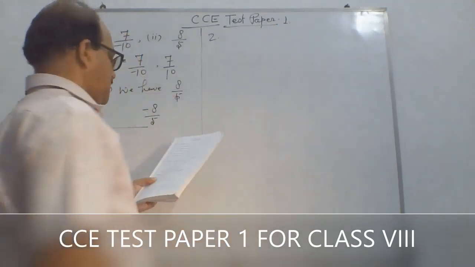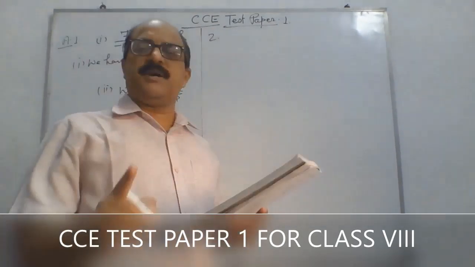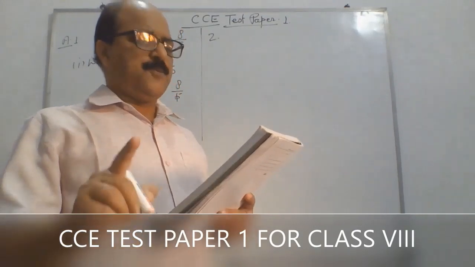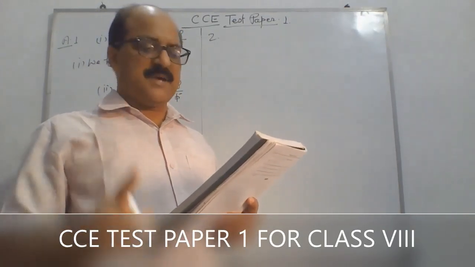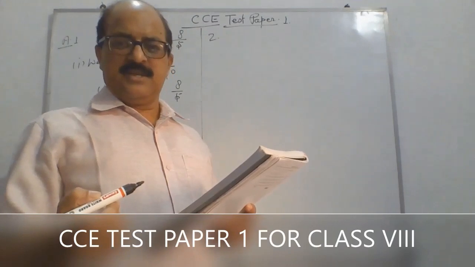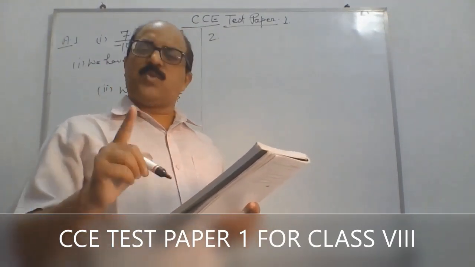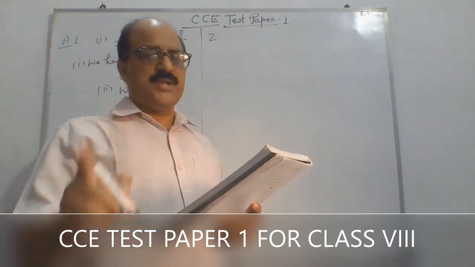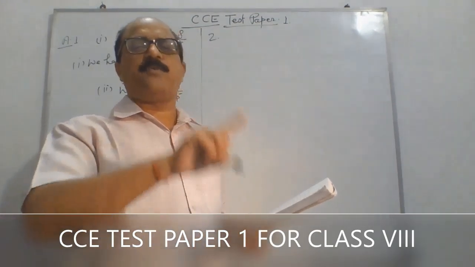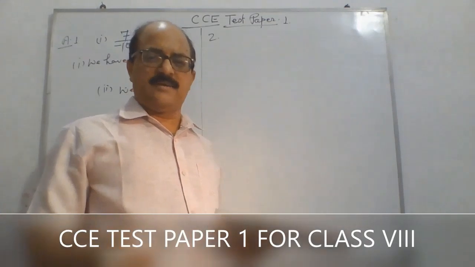Question number 2. The sum of two rational numbers is minus 4. If one of them is minus 11 by 5, find the other. The sum is given along with one number. So when you subtract the given number from the sum, you will get the required number.